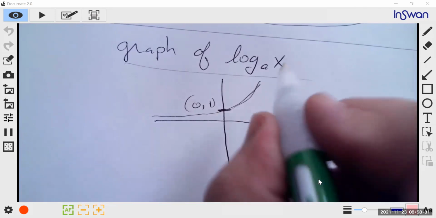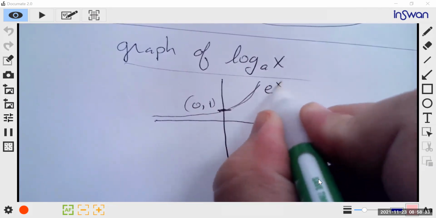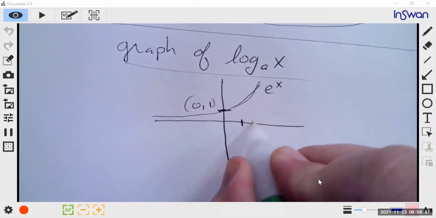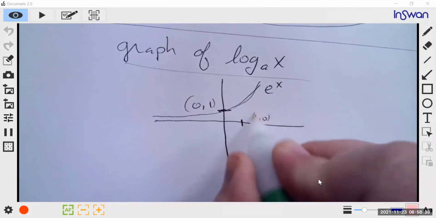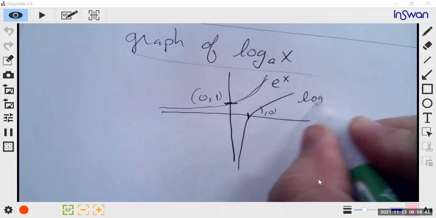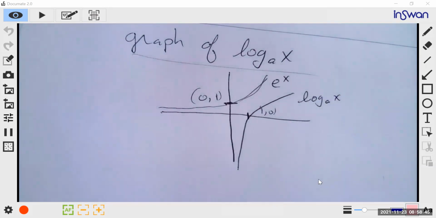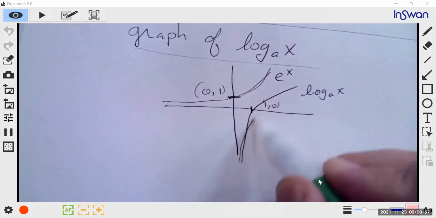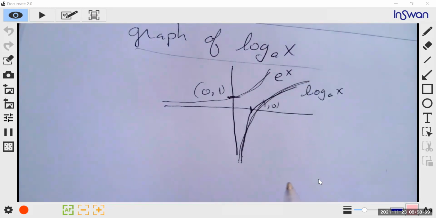So that means this is the e to the power x function. So our other function has to cross at 1, 0. It looks like this. So the logarithmic functions will look like this.